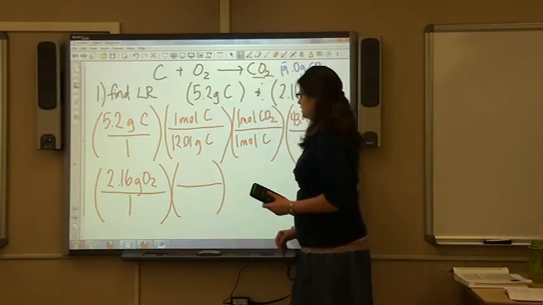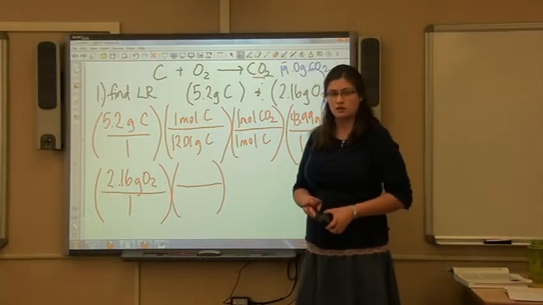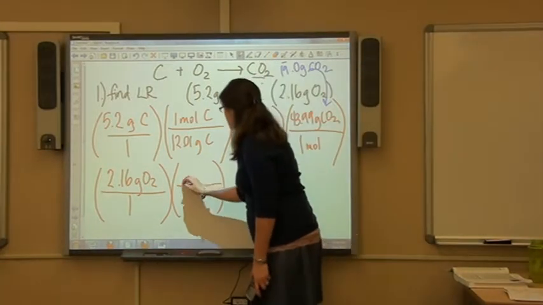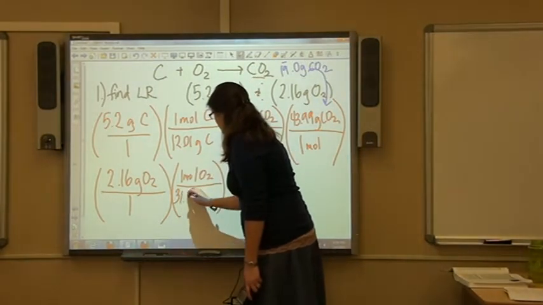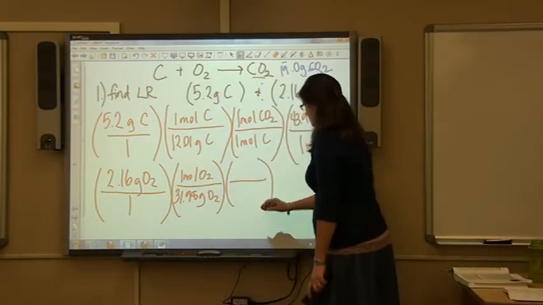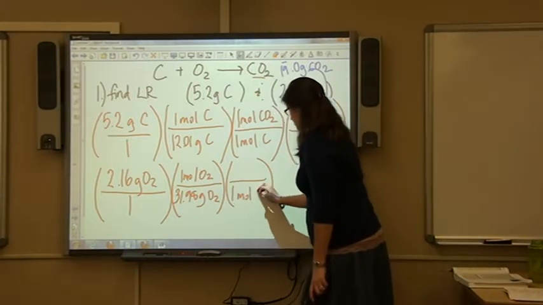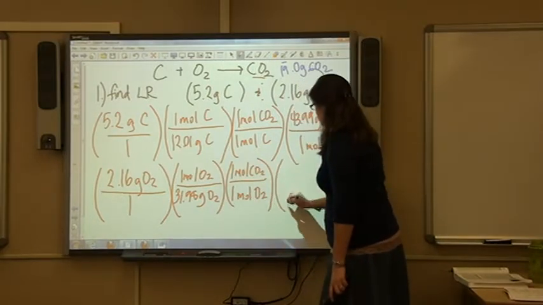Okay, now let's calculate how much you can produce with your oxygen. 1 mole of O2, and there are 31.98 grams per every mole. Here's your tricky bracket. Carbon dioxide goes on top.